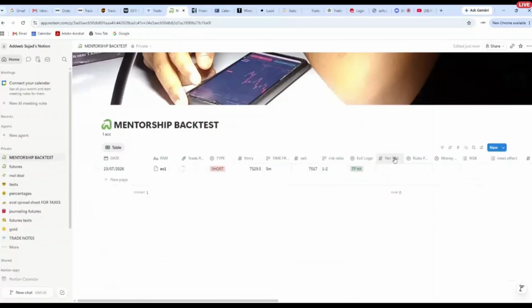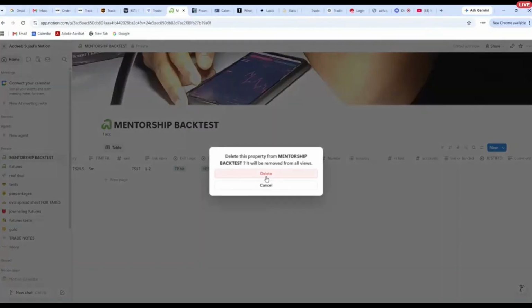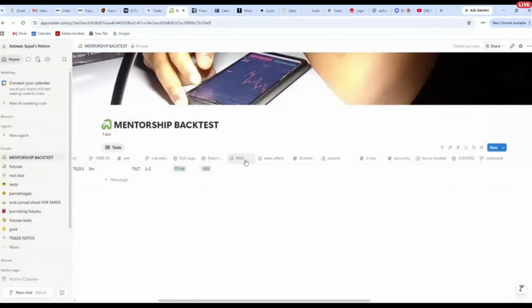The net profit, because we're not using any money, you would need this when you're actually doing demo trading, so we'll just delete this for this backtest. Then we see if the rules were followed. Yes. Money management, we don't need for backtesting.